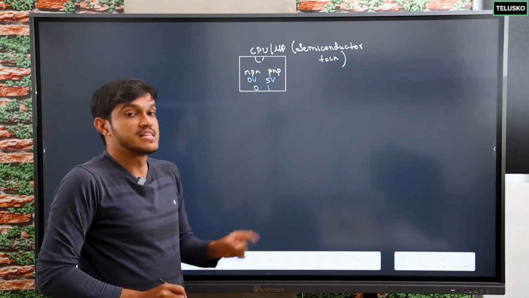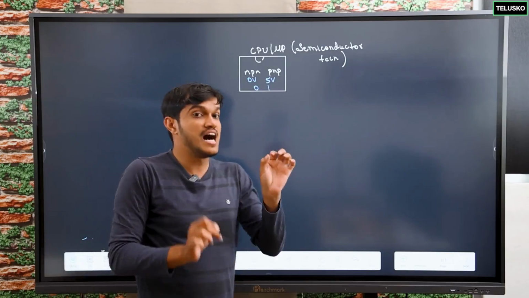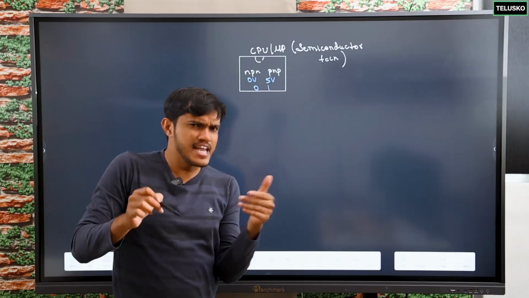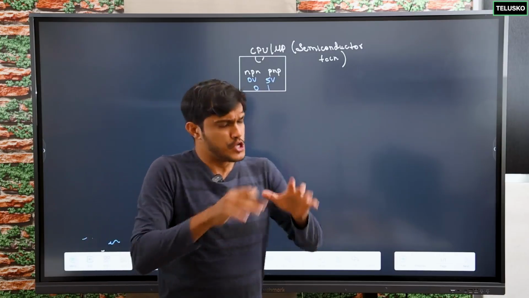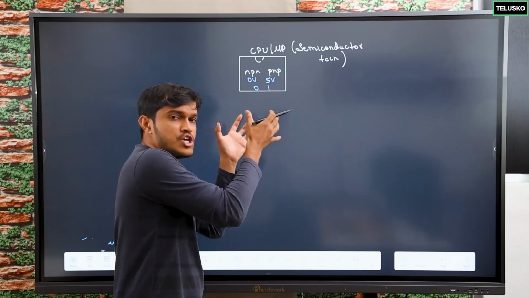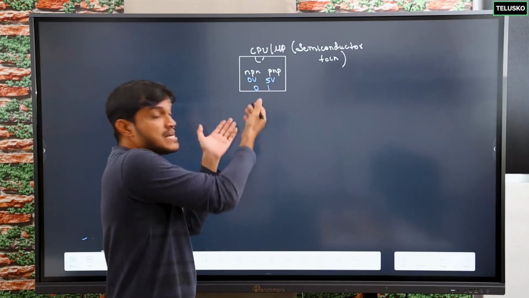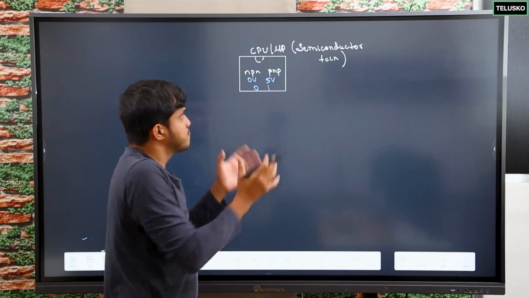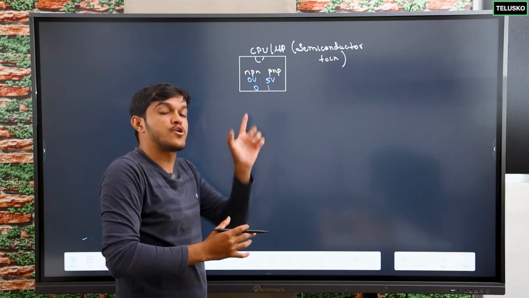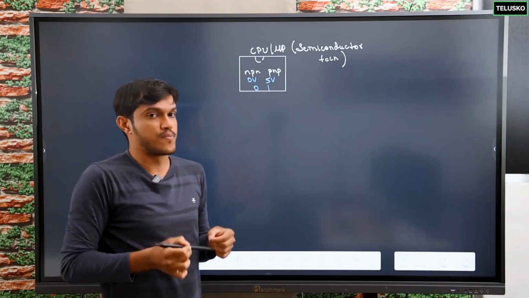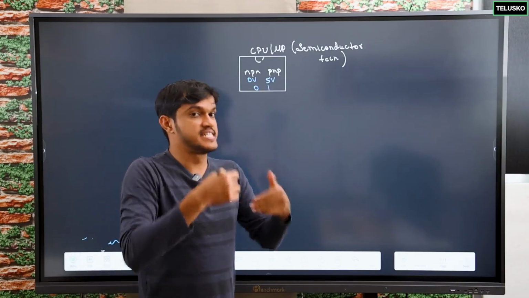And one more thing, this processor is a dumb device. It cannot do something by itself. You have manufactured this device so that you can get some work out of it. I have manufactured this, and I want my processor to do some activity for me. It cannot do something by itself.